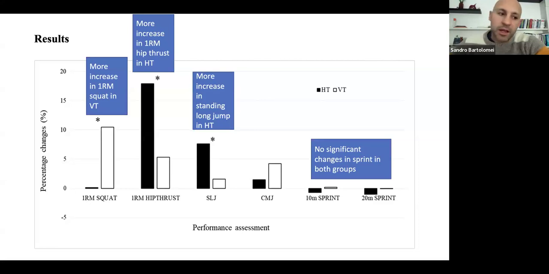However, during the high-speed phase of sprint, the kind of muscle contraction is more vertical because the center of mass should stay almost at the same level.